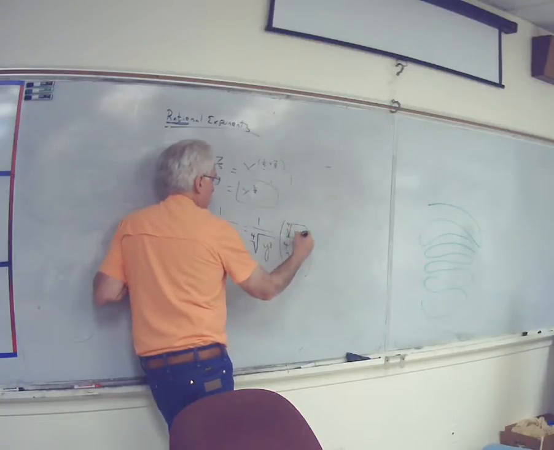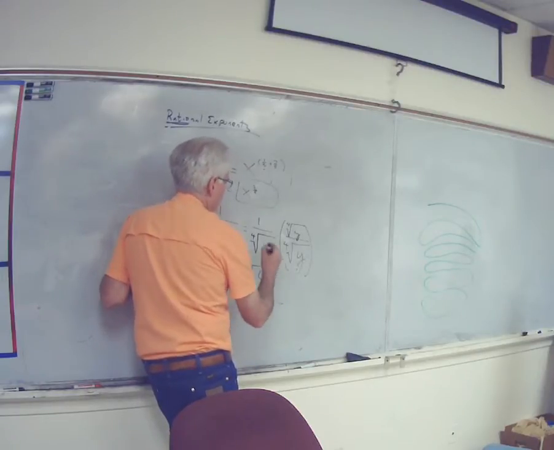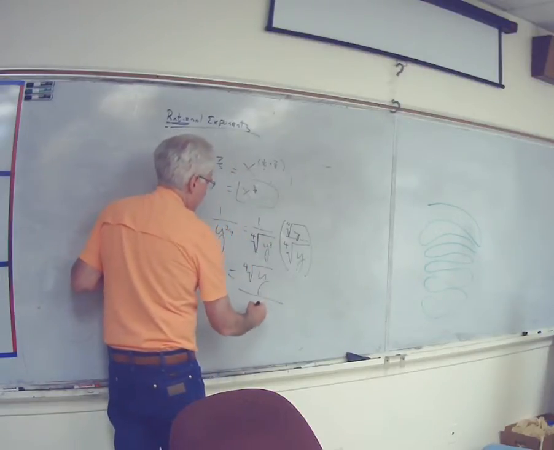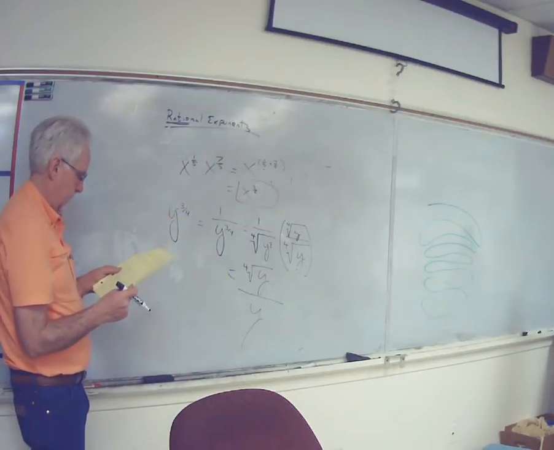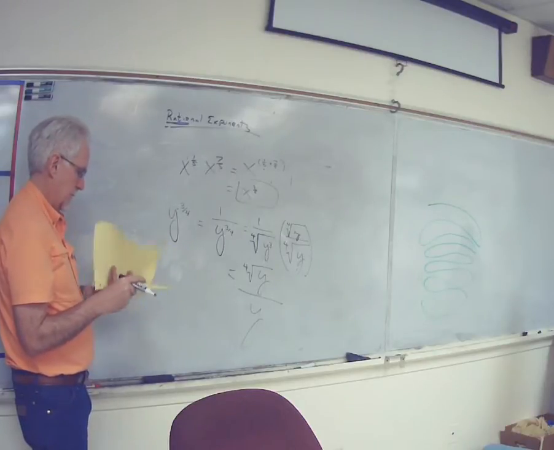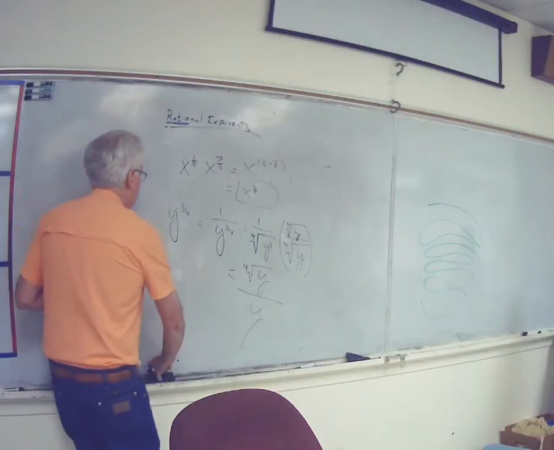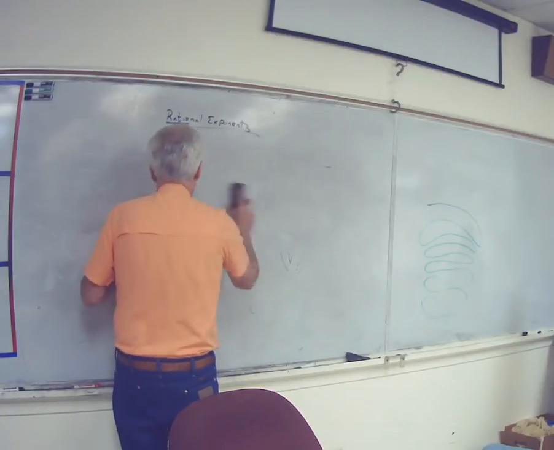Fourth root of y. So then the answer is the fourth root of y over y, since the fourth root of y to the fourth is y. And that is a beautiful answer. Okay? All right, let's keep going.